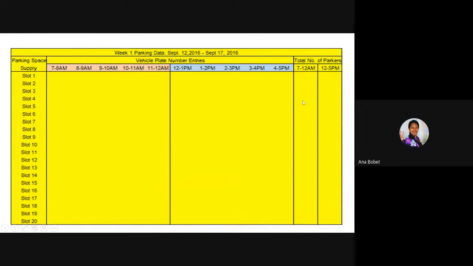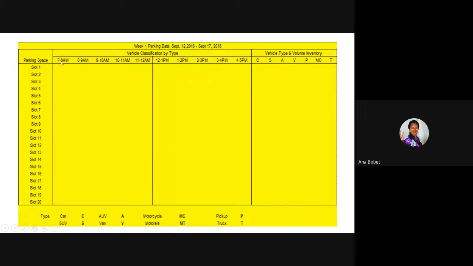So, in the daytime assessment sa morning and afternoon, usually, pictura nila ang parking lot with respect sa plate number and the type of vehicle because after dinhi, butang man nimo ang mga detail kada cell sa plate number, no? Pag abot dinhi, they will place unsa nga type of vehicle ang nagpark.